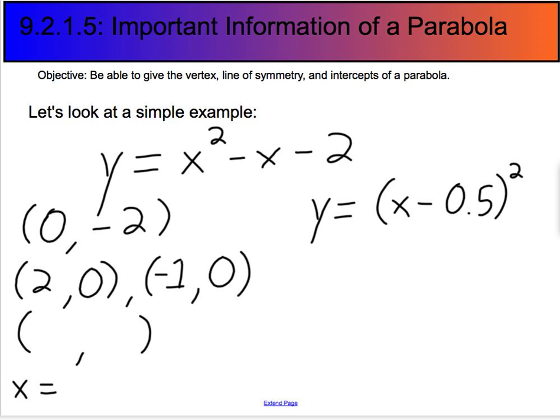So if you need more help with completing the square, you can watch that video. However, what we have left over, I'm kind of imagining the rectangle or the square in my head. What I have is x and x, -0.5.